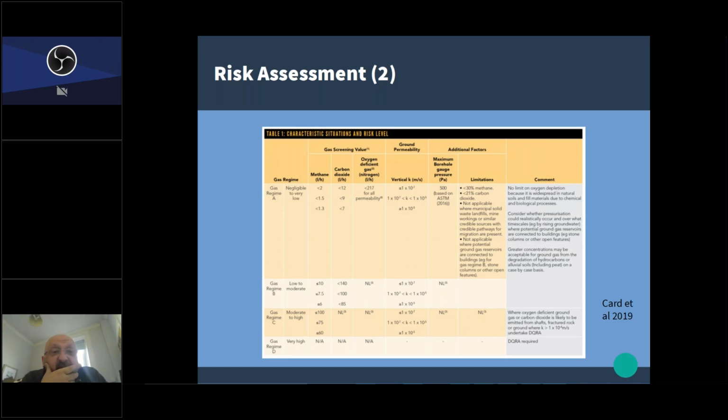Yeah, so they've got separate limiting values for methane and carbon dioxide. So gas regime A, which is essentially CS1, no special protections, has values for methane of less than 2 litres per hour and less than 12 litres per hour for CO2.